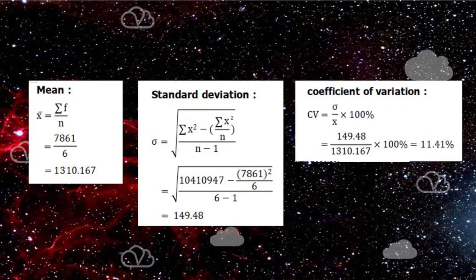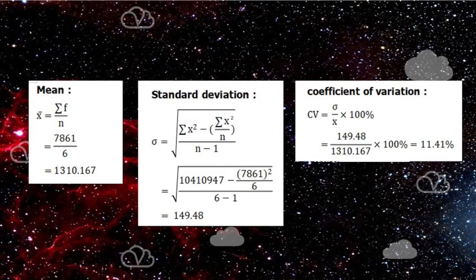To find the mean, we use the equation mean equals total amount of data divided by number of data. After entering the data, the value of the mean that we get is 1,310.167.